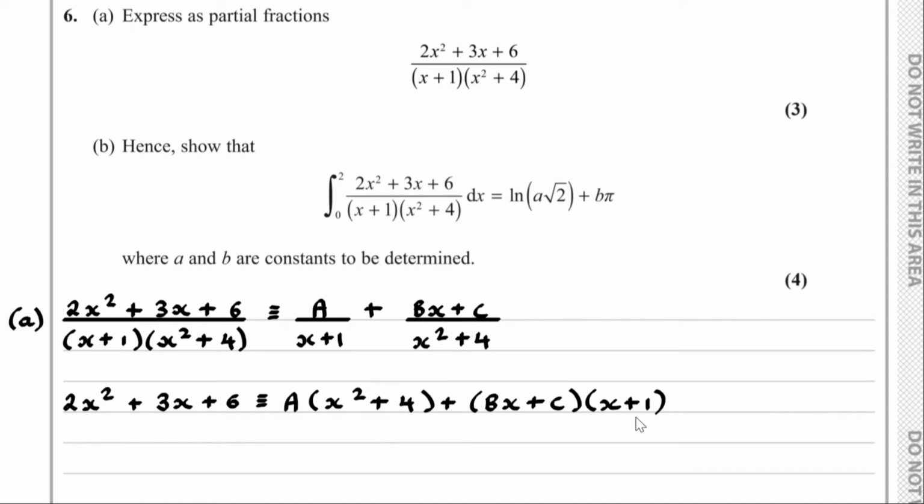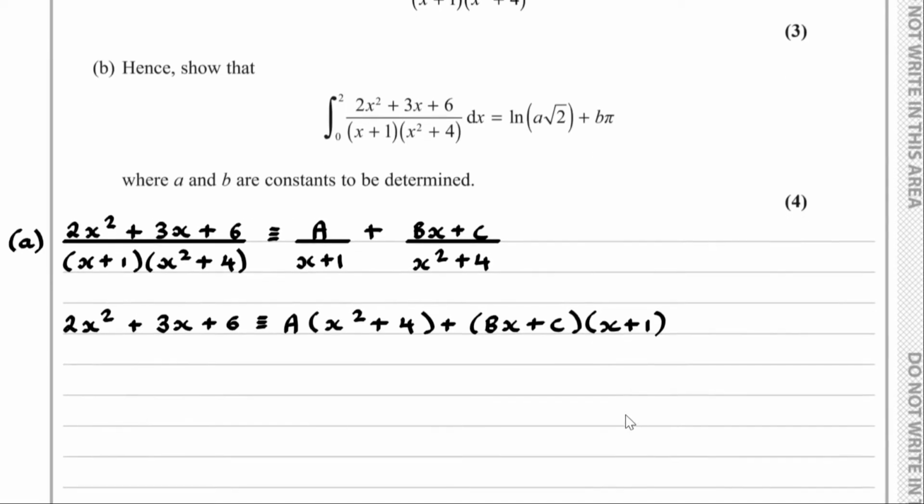And we need to find out the values of a, b and c. One way in which we could do this is to substitute in different values of x into both the left hand side and the right hand side. For example, if I substitute in x equals negative 1, then on the left hand side I have negative 1 squared, which is 1, times 2, so that's 2. Then I've got minus 3 plus 6, so that's 5.